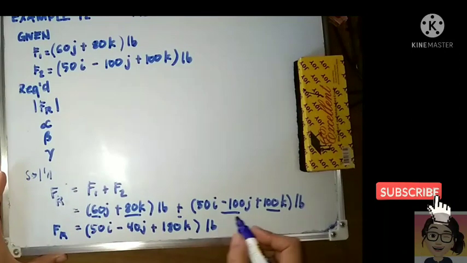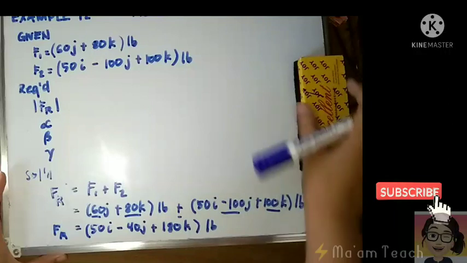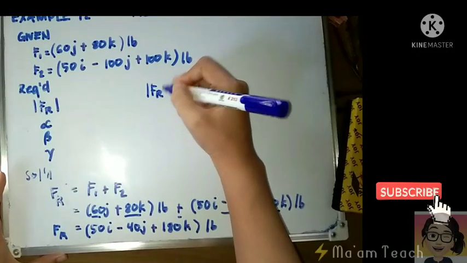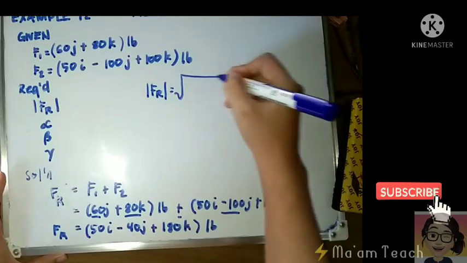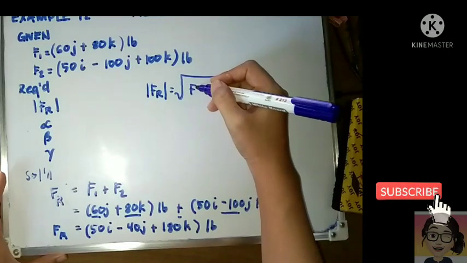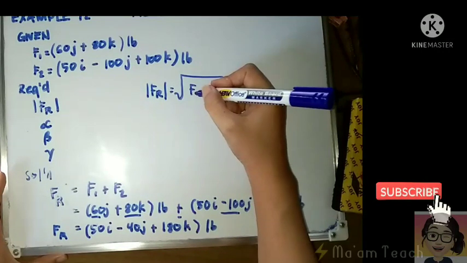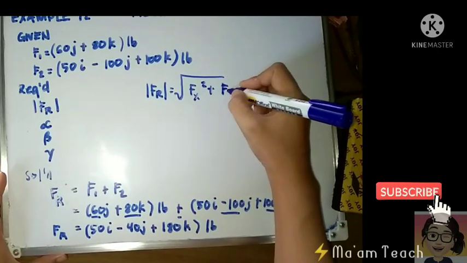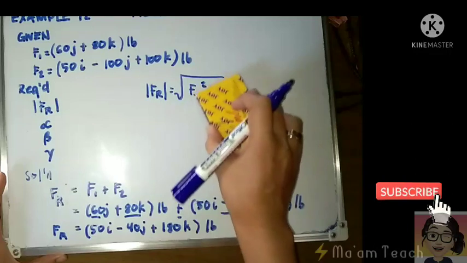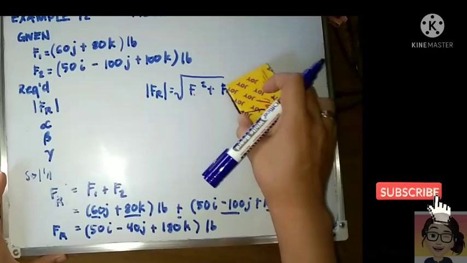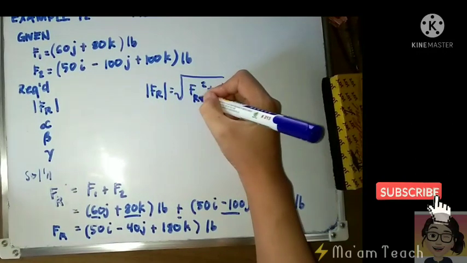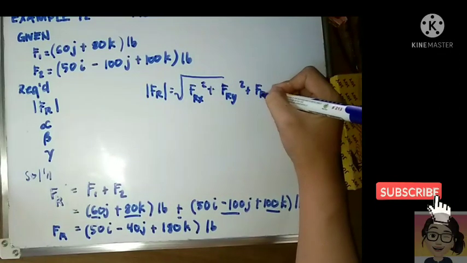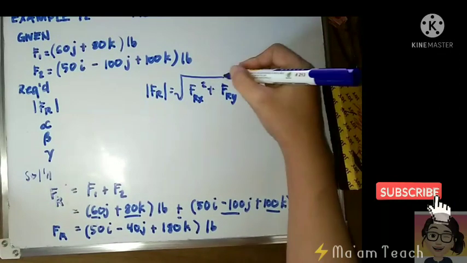To solve for the magnitude, we simply get the square root of the sum of the squares of the components: FRx squared plus FRy squared plus FRz squared.